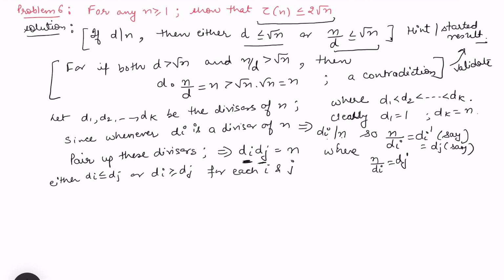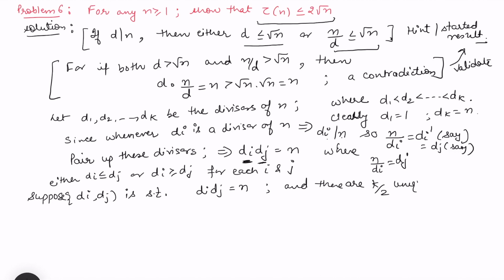Now we want to take this whole possibility for two cases. Suppose this pair di, dj is such that di dj multiplying will give me n, and there are k by 2 unique pairs, and I'm considering here k to be even. So suppose there are an even number of such pairs that we have created.